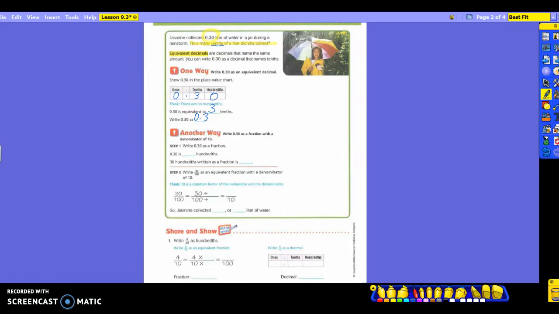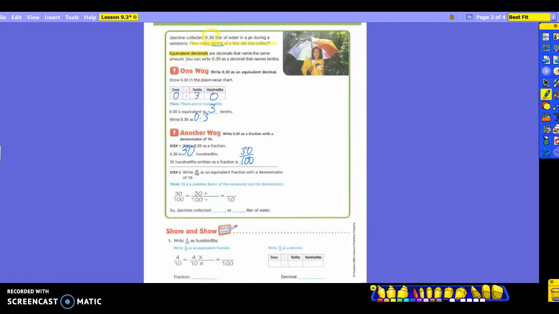Okay, let's try it another way. I'm going to write the 30 hundredths as a fraction, but this time it's going to have a denominator of 10. So how many hundredths is 0.30? 30. And 30 hundredths written as a fraction is going to be 30 hundredths.